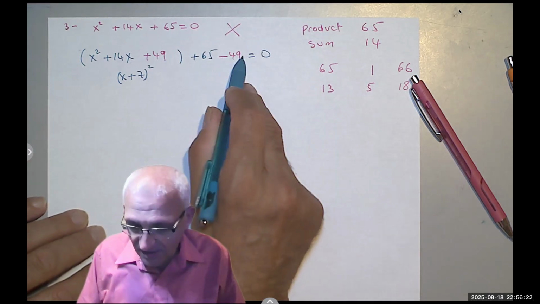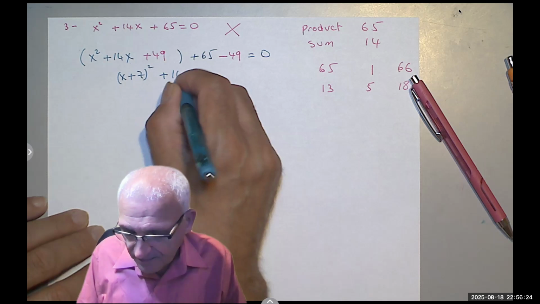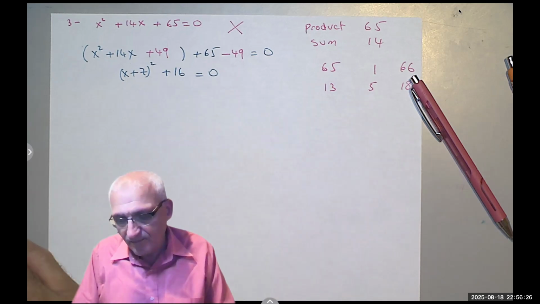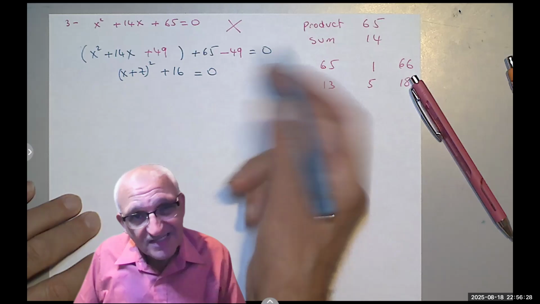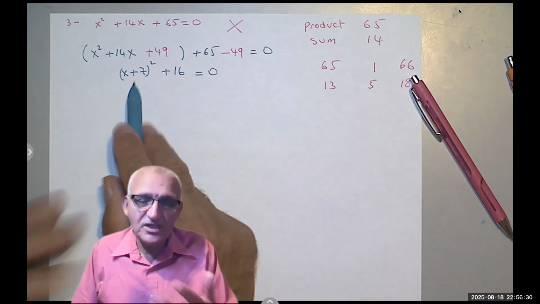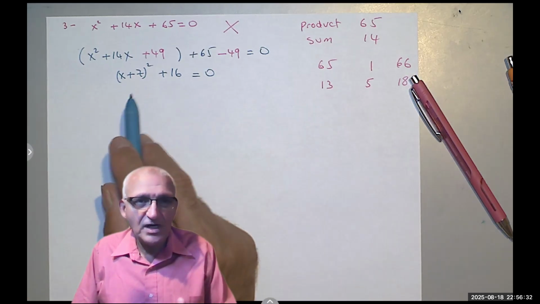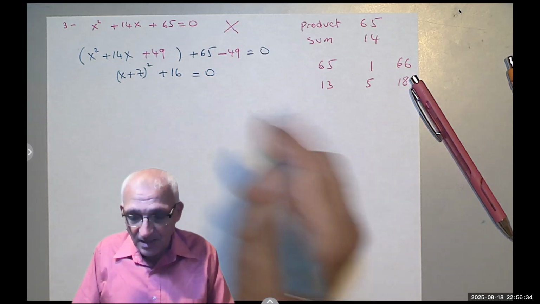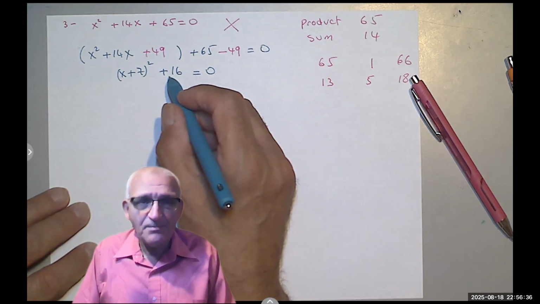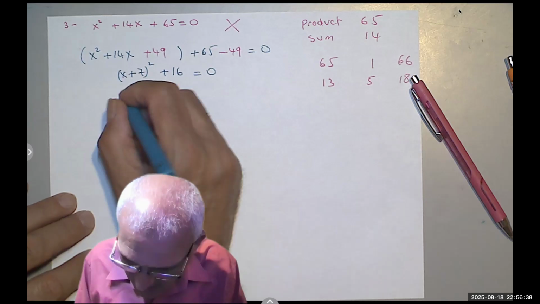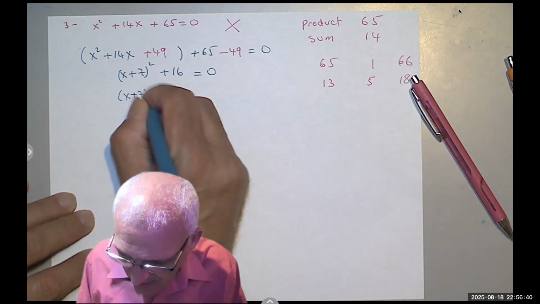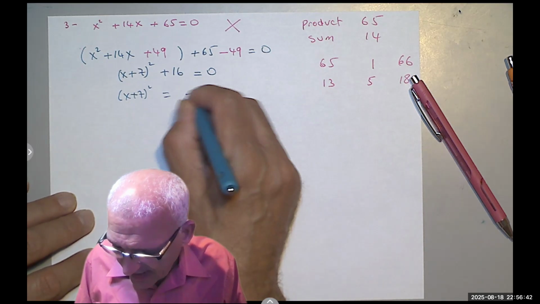65 minus 49 is 16. So if I move 16 to the, I cannot, well, we can. I think I showed you how to factor the sum of two squares. But if you didn't see that, it's okay. I can say equals negative 16.